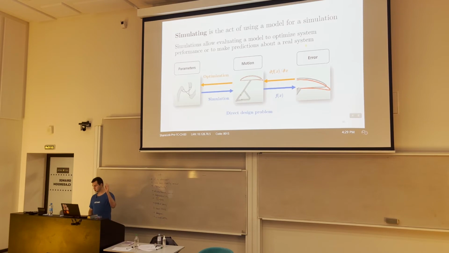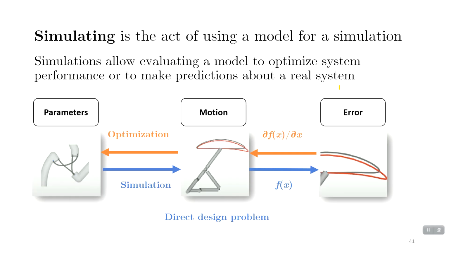Here, this slide showed us how we can use simulation and optimization in a loop, such as finding parameters that give us the result that we want in the simulation. Then we can check whether we have the same in real life or not.